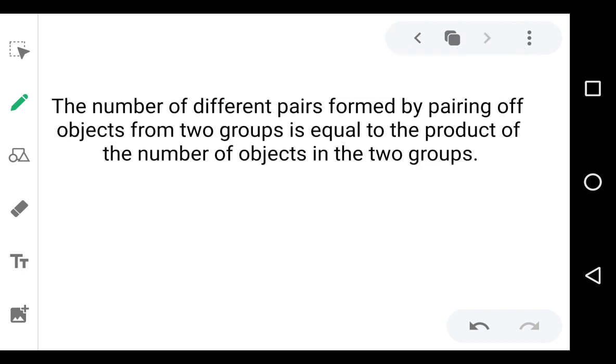See, this table tells us the number of different pairs formed by pairing objects from two groups. The number of different pairs formed by pairing objects from two groups is equal to the product of the number of objects in the two groups. Here we completed this topic.